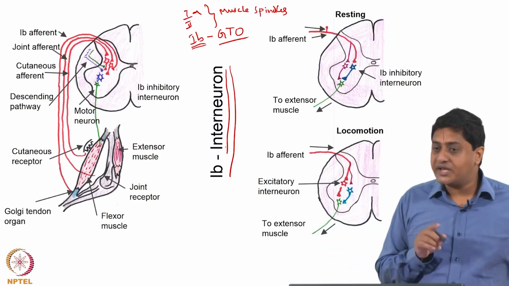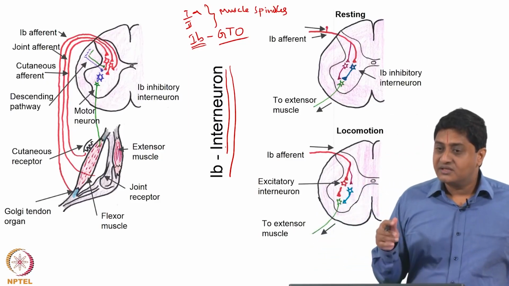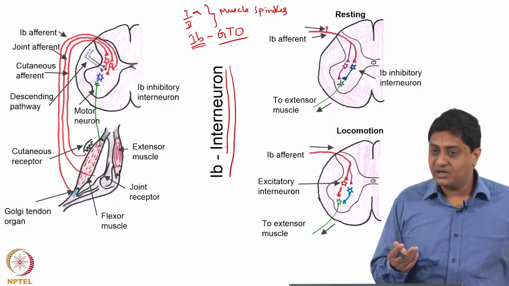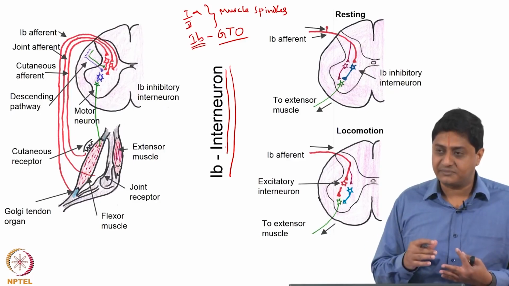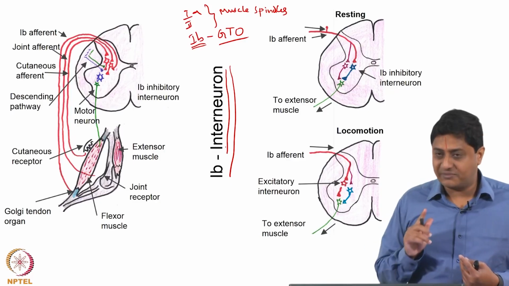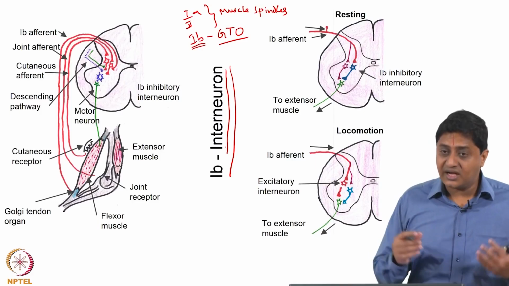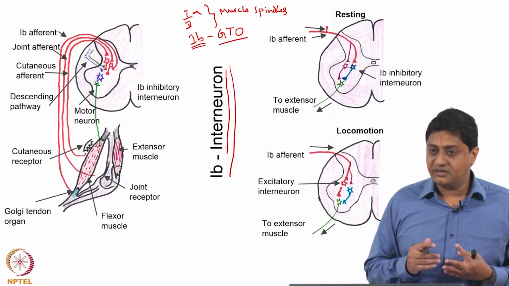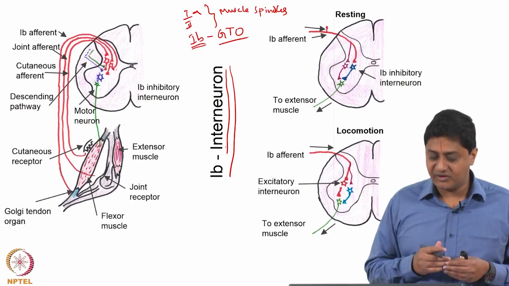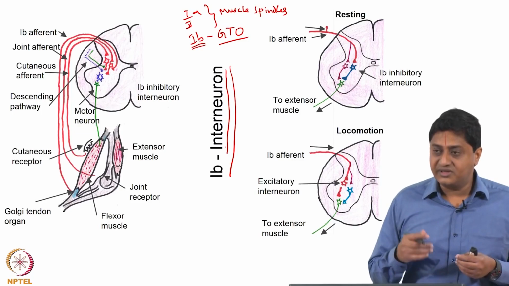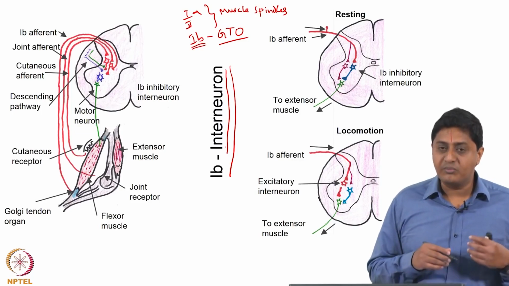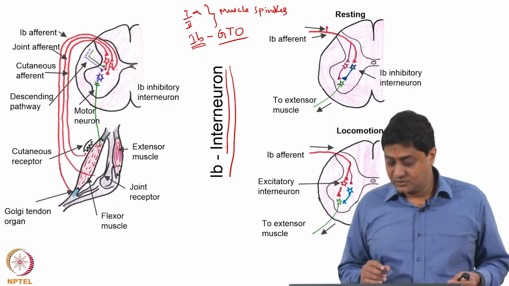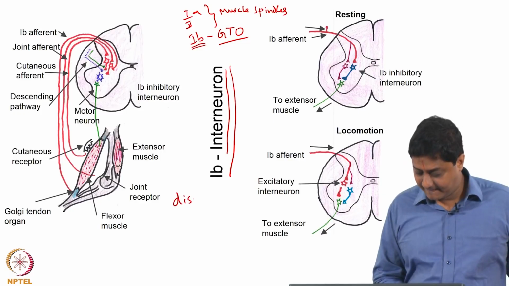Unlike the 1A case, where stretching activates the 1A afferent and it excites the alpha motor neuron of the same muscle, causing it to contract, which is a monosynaptic response, in this case contraction activates the 1B afferent and we have to inhibit the alpha motor neuron. It cannot do it directly, so it activates a 1B interneuron which inhibits the alpha motor neuron, okay. So this is a disynaptic pathway.